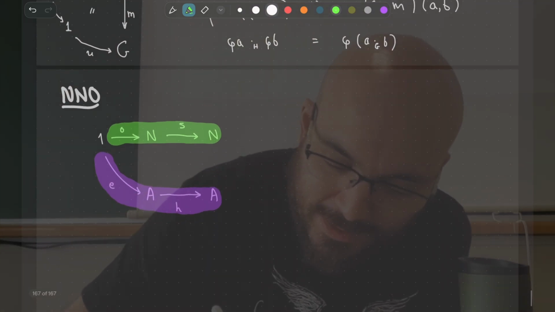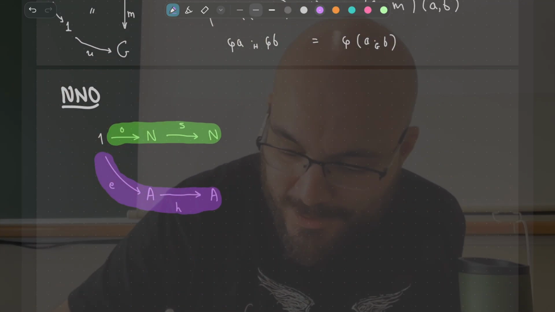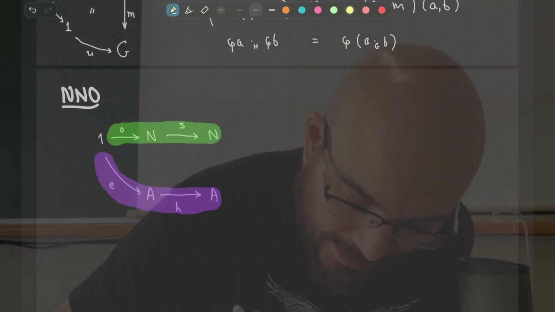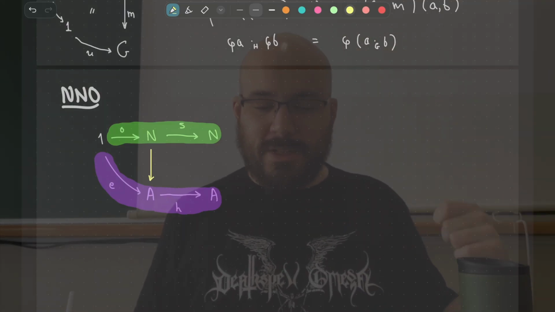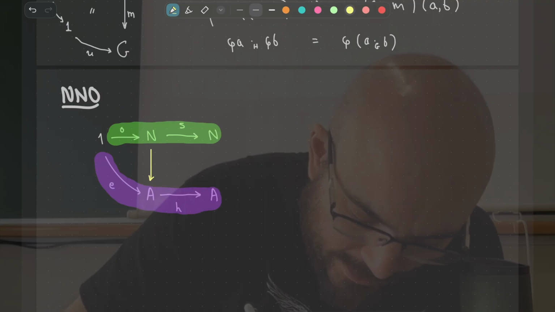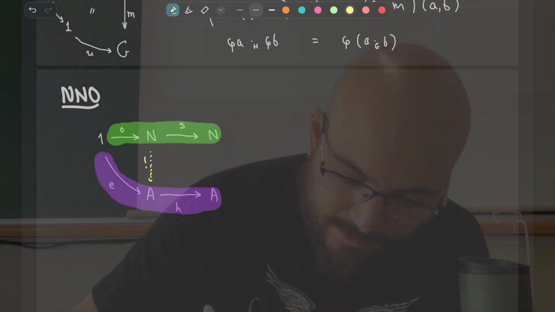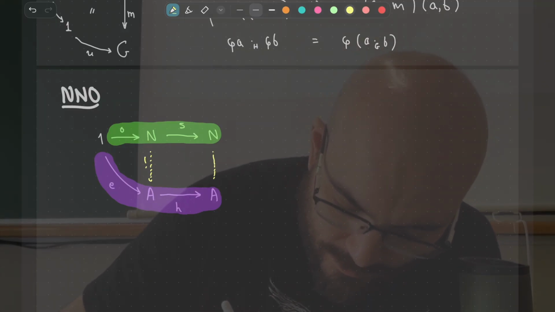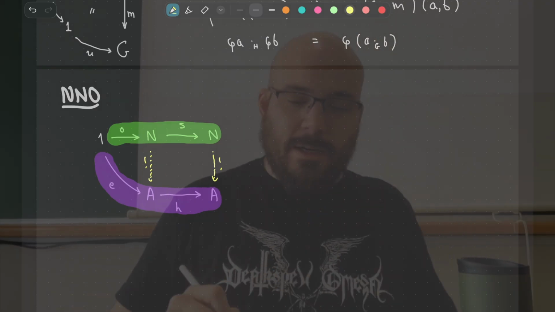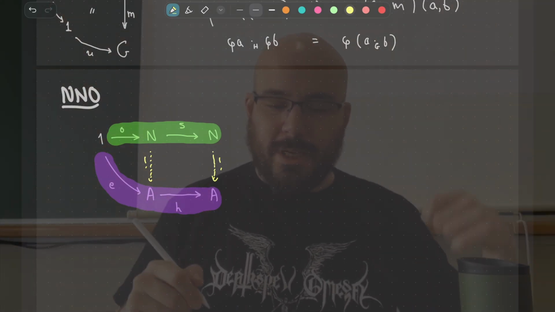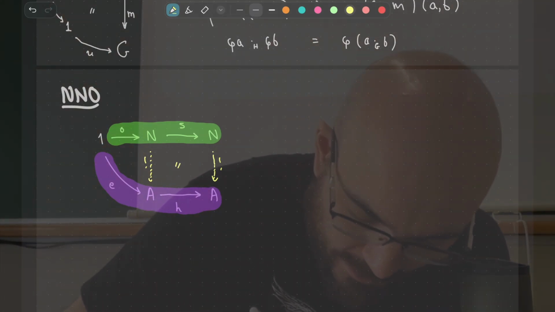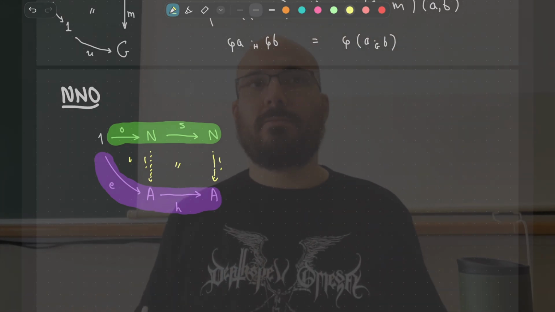So obviously I will need, I will not say function, an arrow from N to A. The idea is that as long as you have this, there is a unique function here. It's the same one, because it's from N to A, such that these things commute.